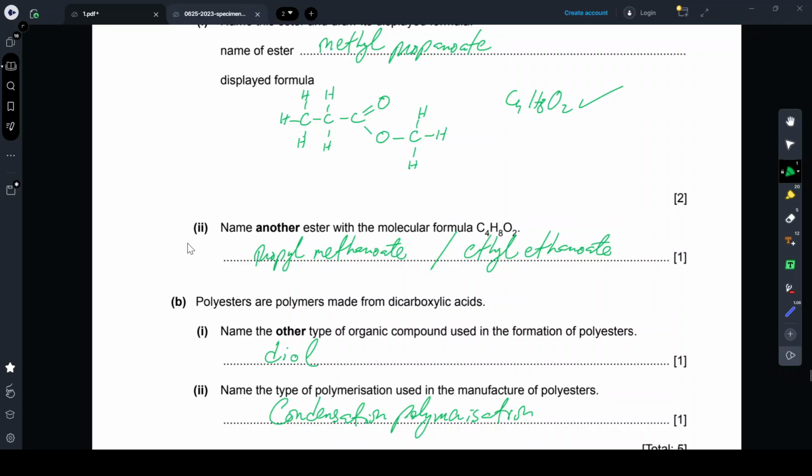After that, we can decide which paper to focus on first. I think your paper 4, the theory paper, is first. Then is your paper 6, which is the ATP, and then finally you have your MCQ, which is paper 2. So we can focus on our preparation accordingly.